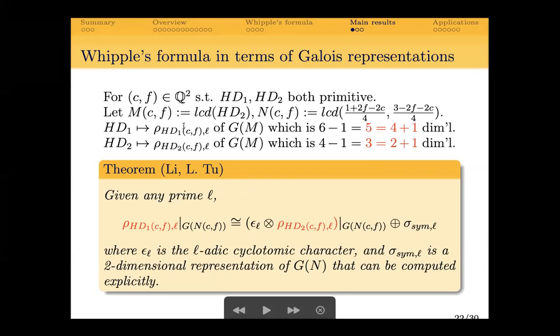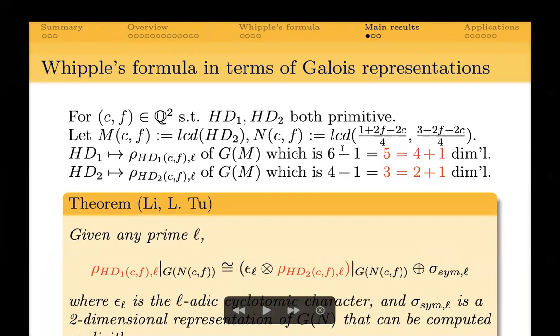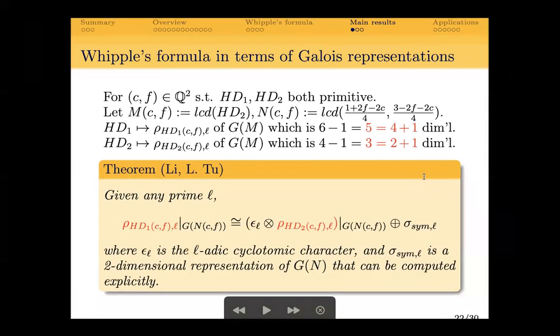And now for the first hypergeometric data with argument 1, we get a 5-dimensional Galois representation. And Katz's theorem tells us that it's going to be 4 plus 1. And the right-hand side is 2 plus 1. And what's really happening is as follows.